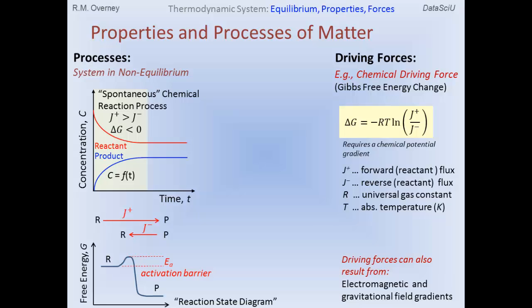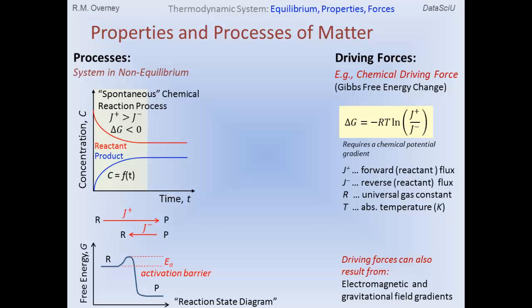A negative Gibbs free energy change is equivalent to a larger forward flux towards the product than its reverse flux. In the language of probability, as used in statistical mechanics, the probability of a forward flux dominates the probability of the reverse flux. Keep that thought, we get back to it.